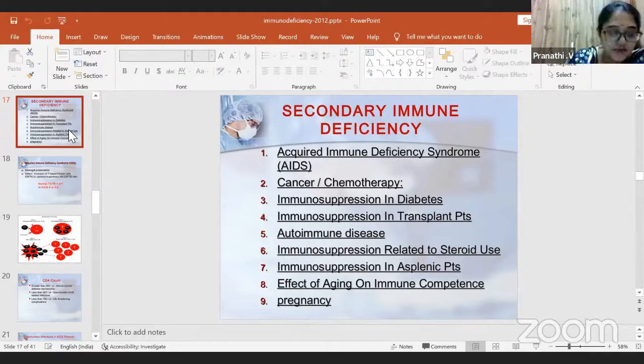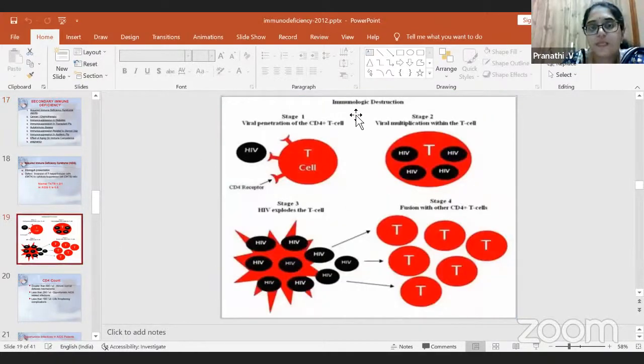So in the case of AIDS, it is caused by infection with the human immunodeficiency virus. This binds to the CD4 cells, and when it binds to the CD4 cells, this requires coreceptors in the form of CXCR4 and CCR5. Then chemokines are also involved. It is a retrovirus, the human immunodeficiency virus.